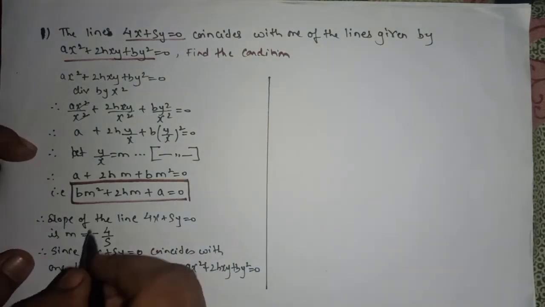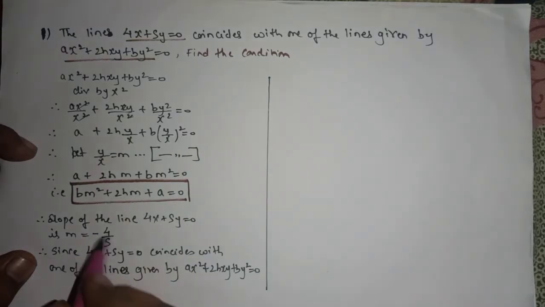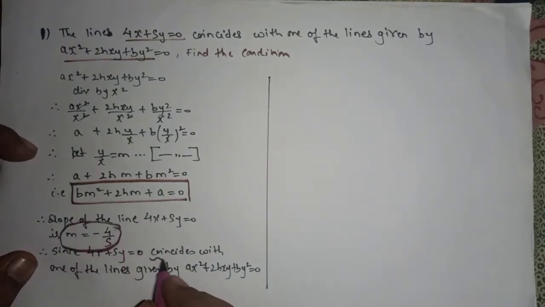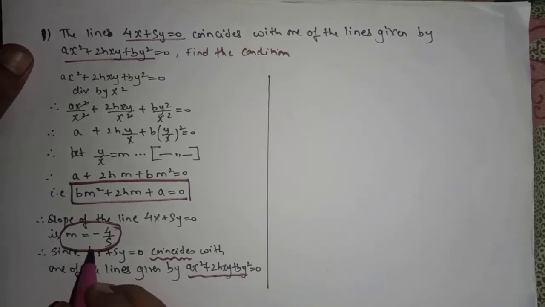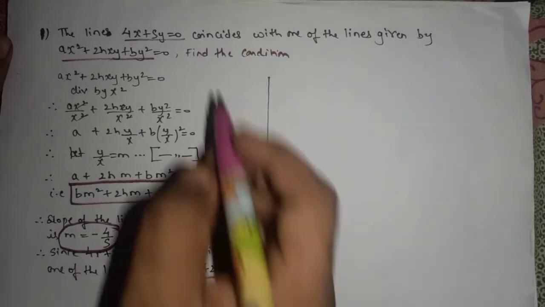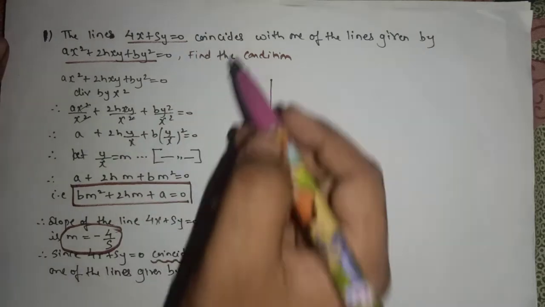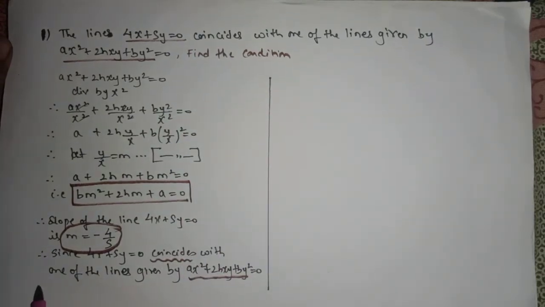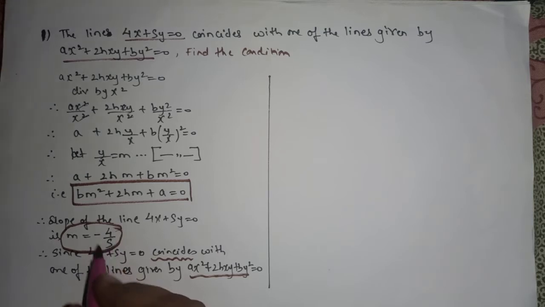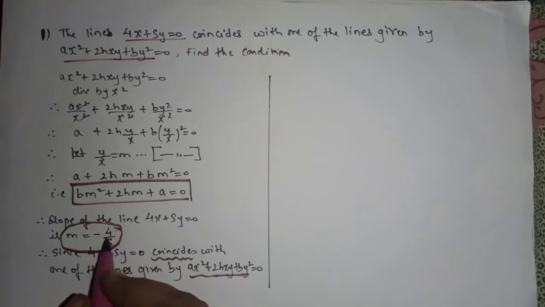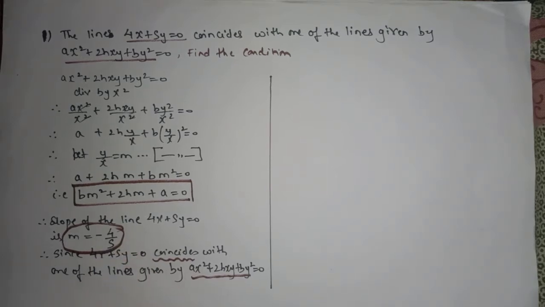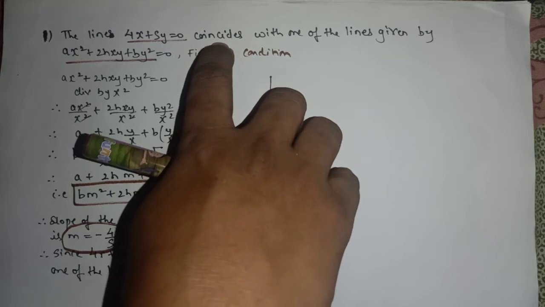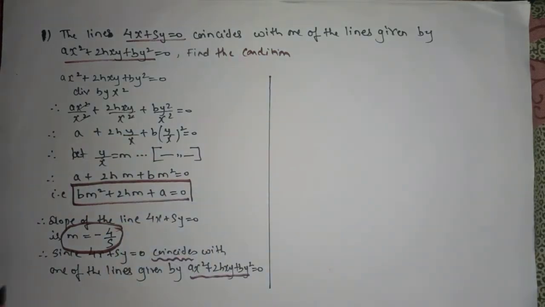So the slope will remain the same here, because the line coincides with one of the lines of the given equation. So we'll keep the slope as it is. If the question says that it is perpendicular, then in the next step you reciprocal this value with the opposite symbol, and you will get the slope for the perpendicular condition. As in this question it is coincide, we'll keep the slope as it is.